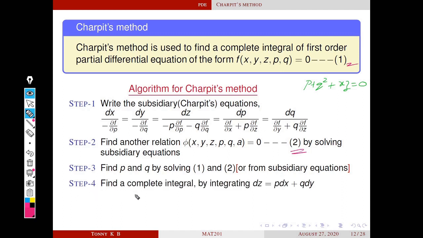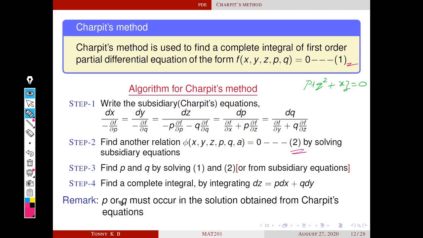Step 4. Find a complete integral by integrating the total differential dz equal to p dx plus q dy. I will explain this procedure in detail through examples in coming sessions. As a remark, p or q must occur in the solution obtained from Charpit's equations.